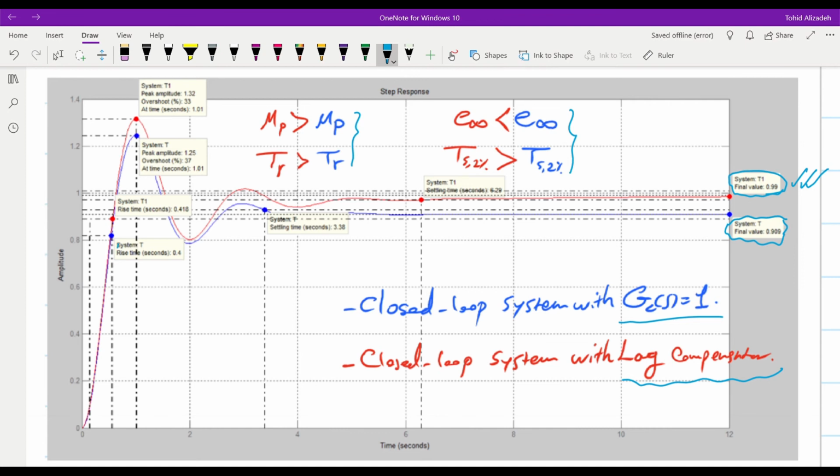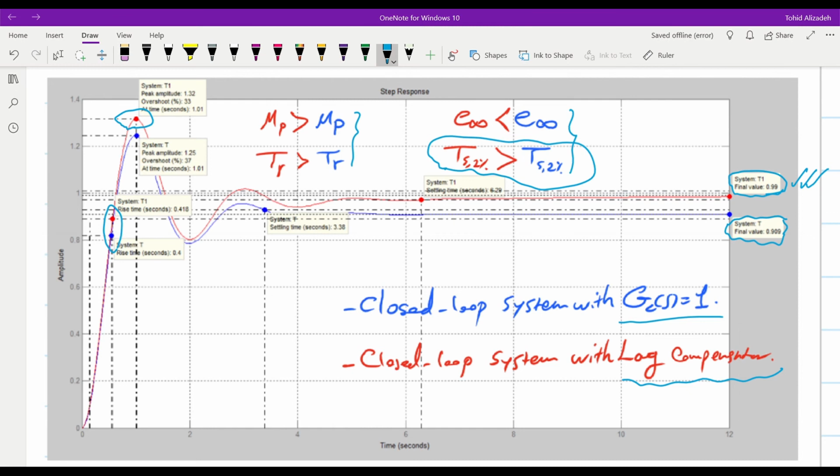The rise time remains almost the same. Overshoot increases a little bit. This is because the phase margin is decreased a little bit. And the settling time is also increased. By the introduction of the lag compensator, we have a bigger settling time.